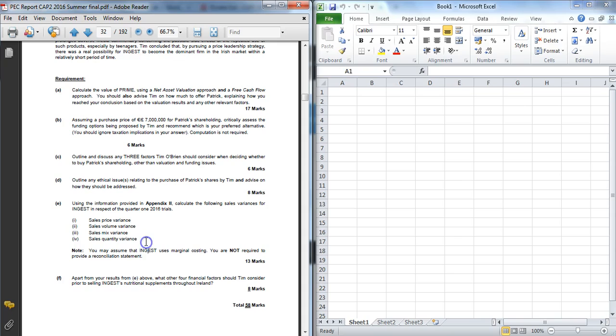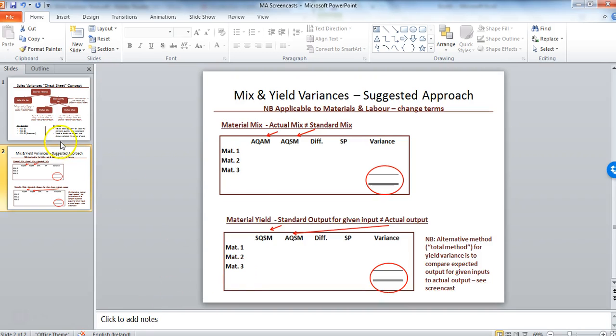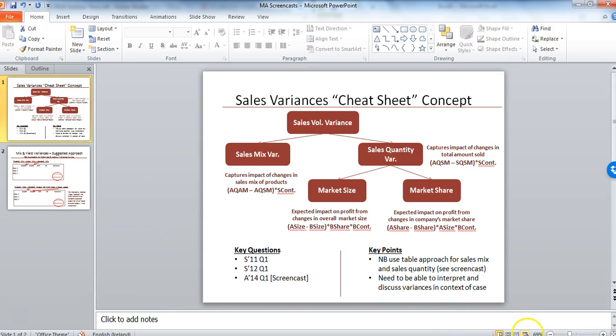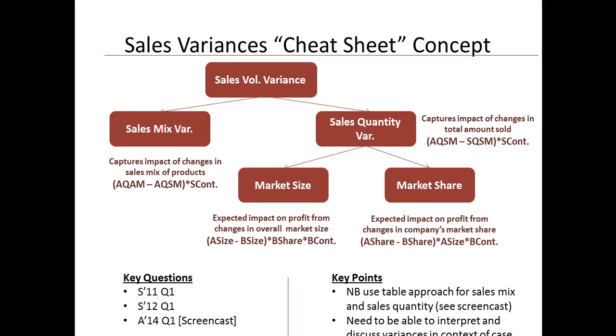So to give an example of the type of thing that I expect students may have, or some version of it, if we look at something like this, I essentially have here a version of a cheat sheet. Now it's very basic, but sales price will be here at this level with sales volume, so two separate ones. Then once you get to the next level of granularity or difficulty, sales volume variance can then be split into a sales mix variance and a sales quantity variance.